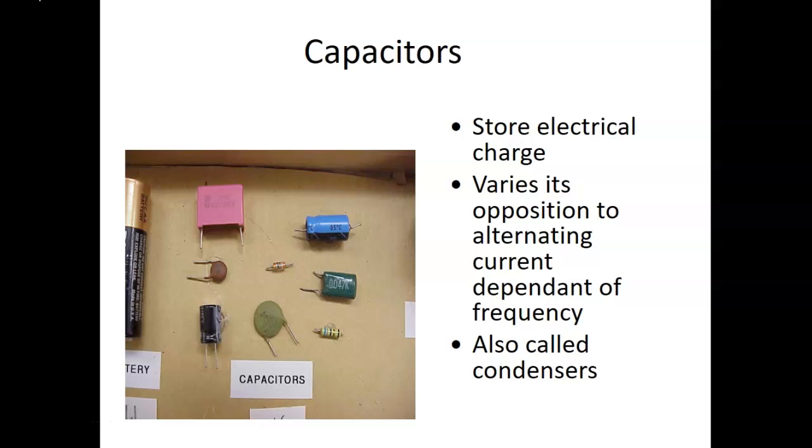It steps it up and steps it down depending upon what's needed to get it down the line. So what a transformer does outside your house is take thousands of volts and make it 240, 120 for your house. Capacitors just keep it at an even state.